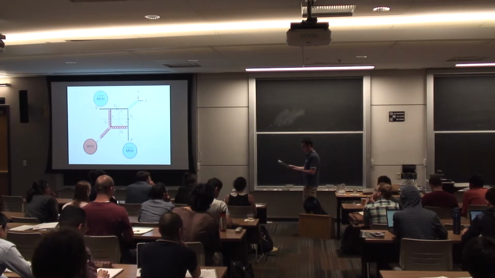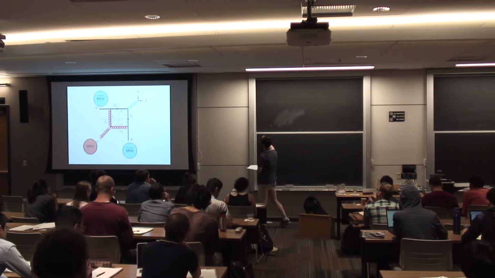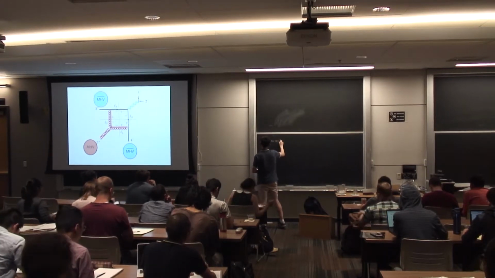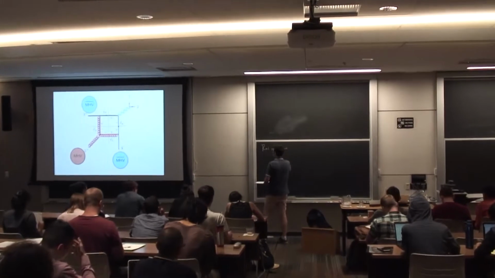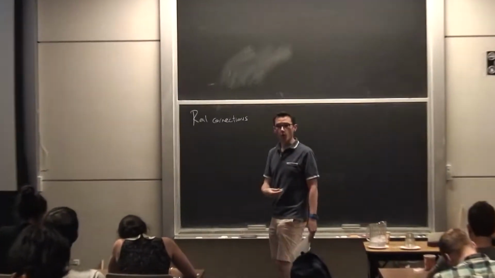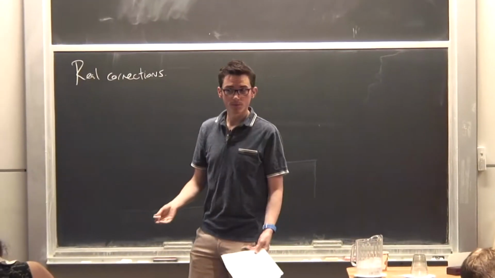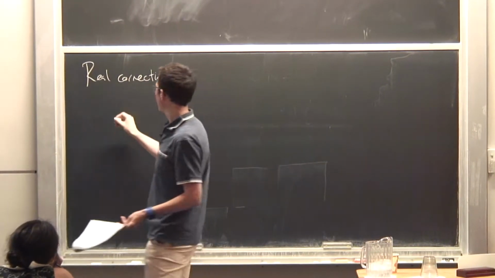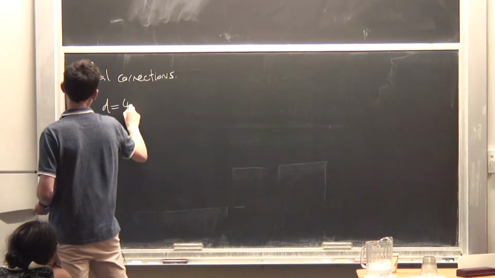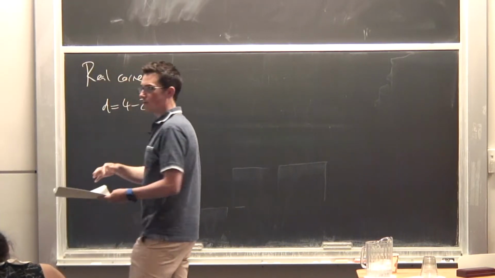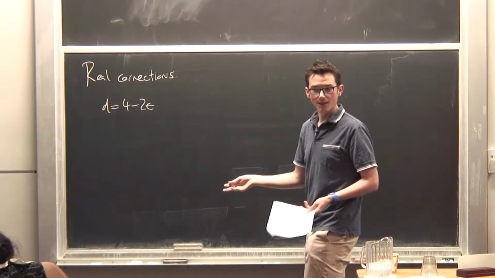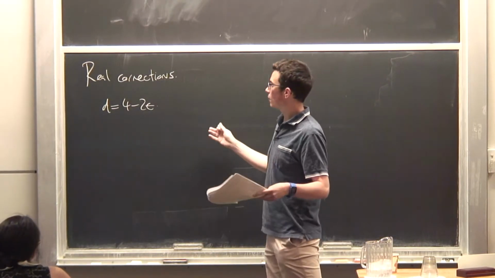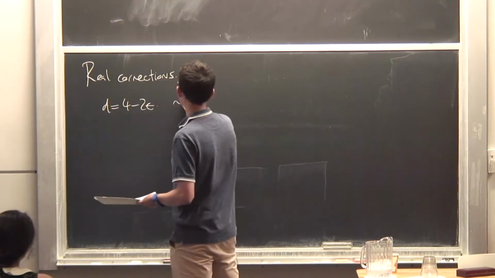All right, so we're looking at the real corrections now, because we know what the infrared properties of our one-loop amplitudes are, because we know our basis. We can expand it out in terms of d, which is equal to 4 minus 2 epsilon. We calculated all of our coefficients using our clever methods of unitarity or otherwise, and we can expand our basis integrals out, and we get a series in epsilon.